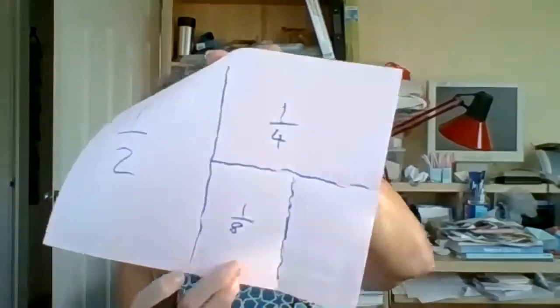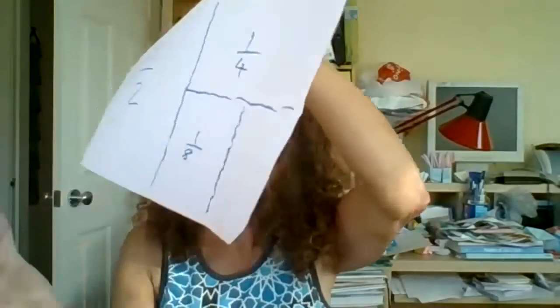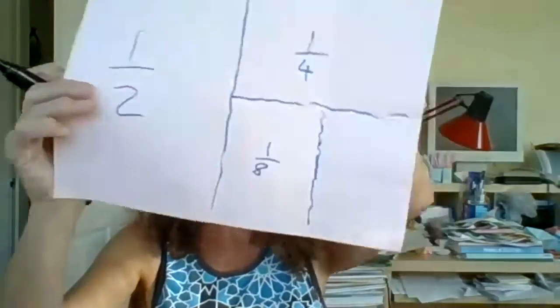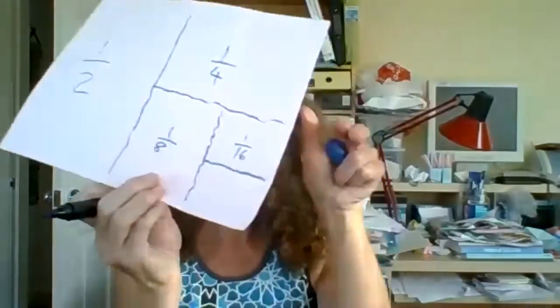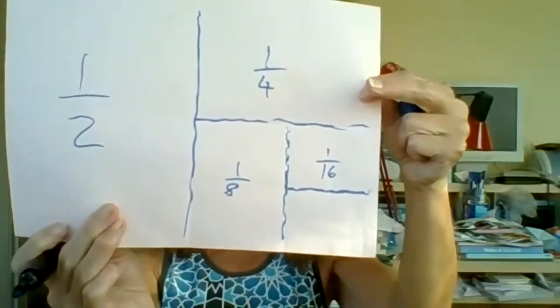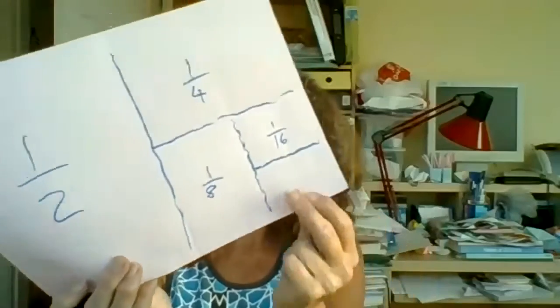Obviously, 8 of those would make a whole, but 2 of them make 1/4, just as 2 quarters make 1/2. So this is really great for equivalence. Then I'm going to repeat again, and I've got my 16th, and all those relationships that I just talked about.